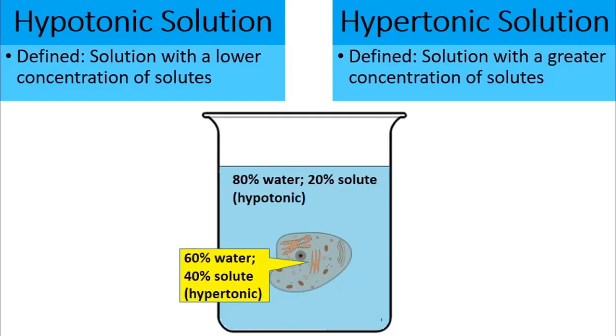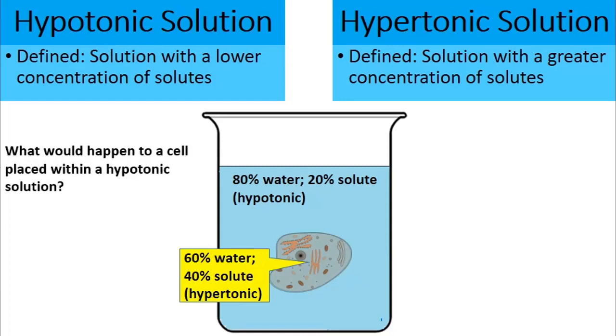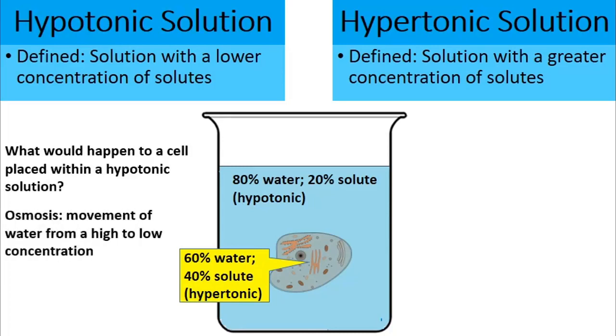So now that I've labeled the solution outside of the cell as hypotonic and the solution inside of the cell as hypertonic, I want to ask you, what would happen to a cell that is placed in a hypotonic solution? Well, we remind ourselves of the definition of osmosis. It's the movement or the diffusion of water from a high concentration to a low concentration.